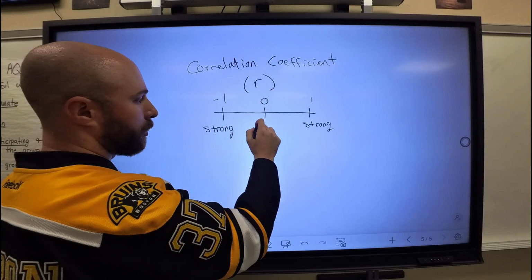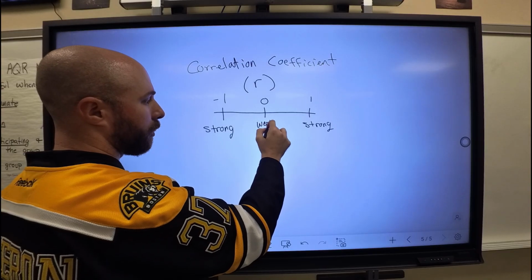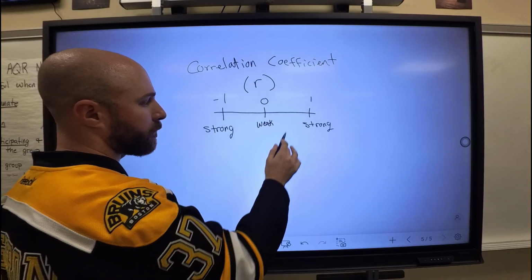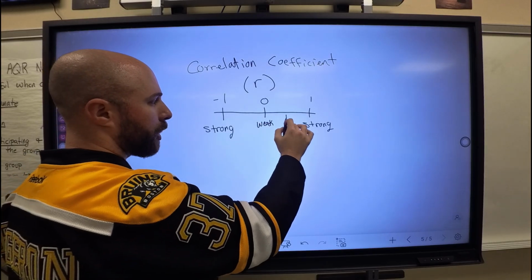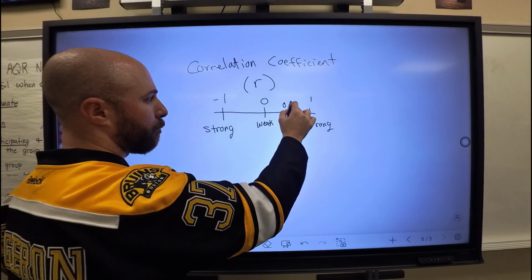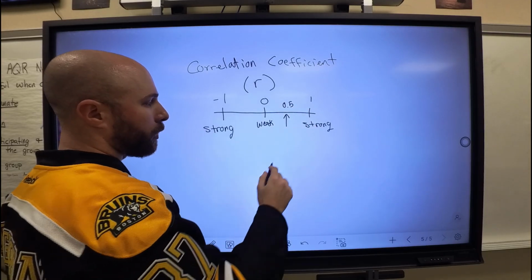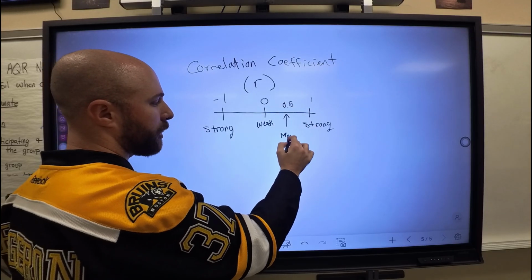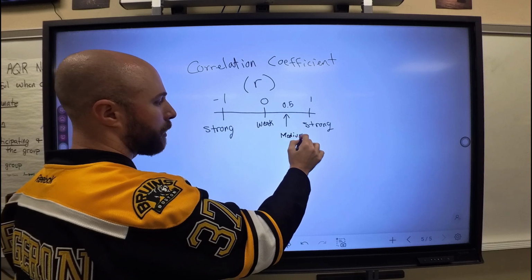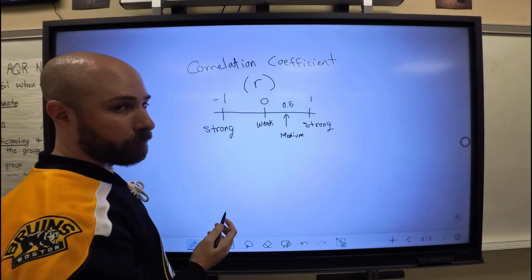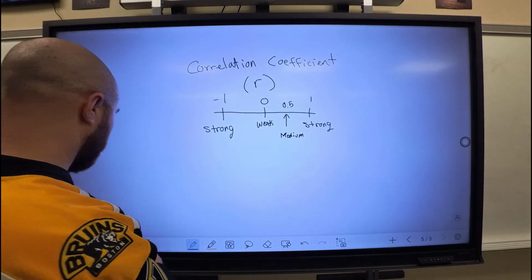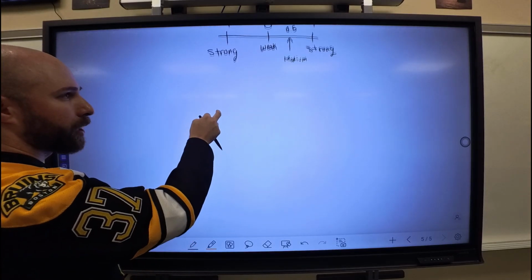The closer we are to 0, the weaker that we are. And anywhere in the middle, so say we're at like 0.5, that would give us a medium correlation.